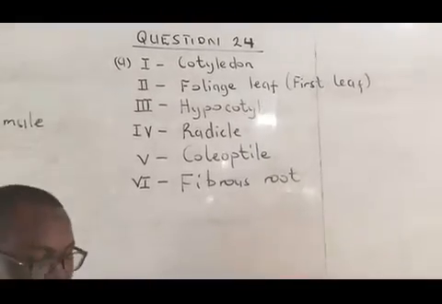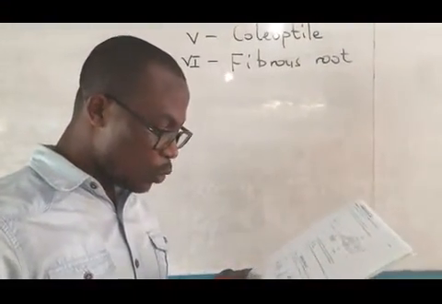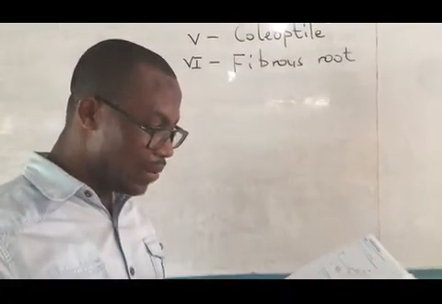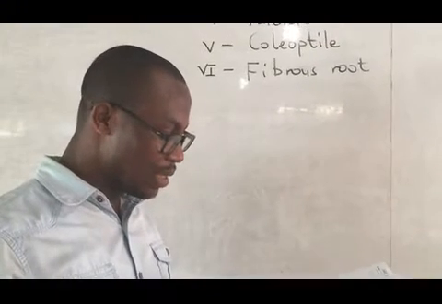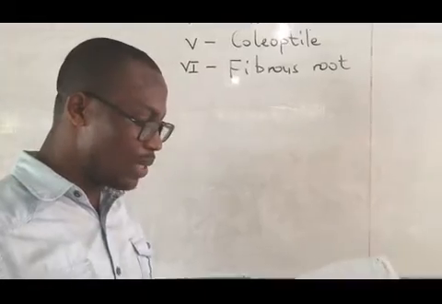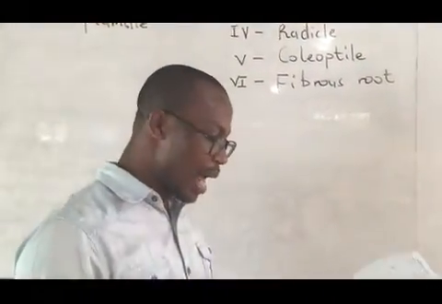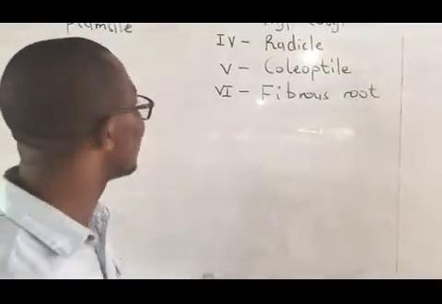Question B I says tabulate 2 observable differences between the stages in A and B. And the II says state 2 similarities between the stages in A and B. So B I is asking for differences, and then the II is asking for similarities.